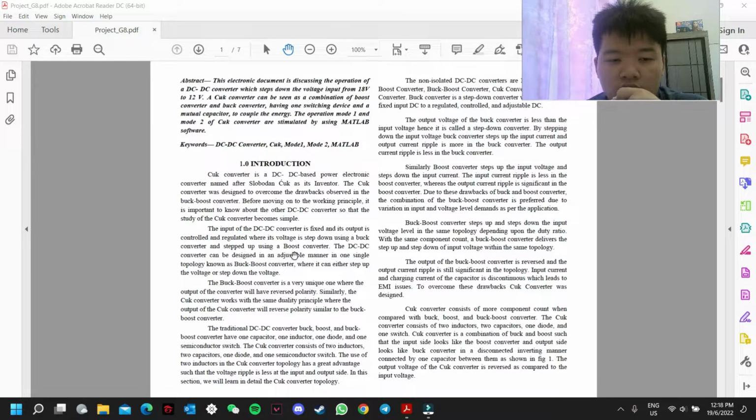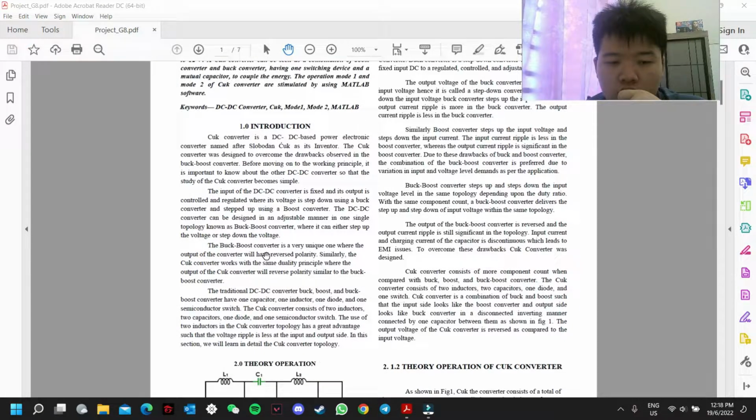The input of the DC-DC converter is fixed, and its output is controlled and regulated, where the voltage is stepped down using a buck converter and stepped up using a boost converter. The DC-DC converter can be designed in an adjustable manner in one simple topology known as the buck boost converter, where it can either step up or step down the voltage.